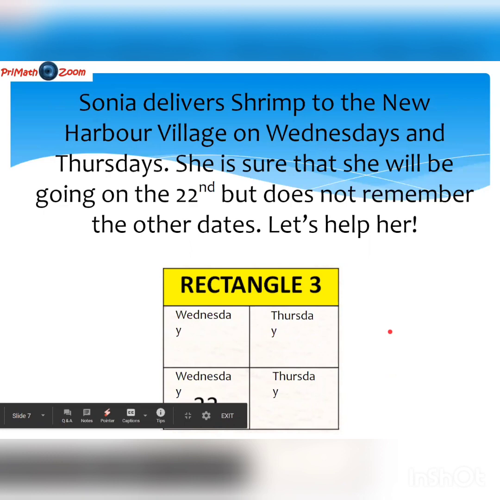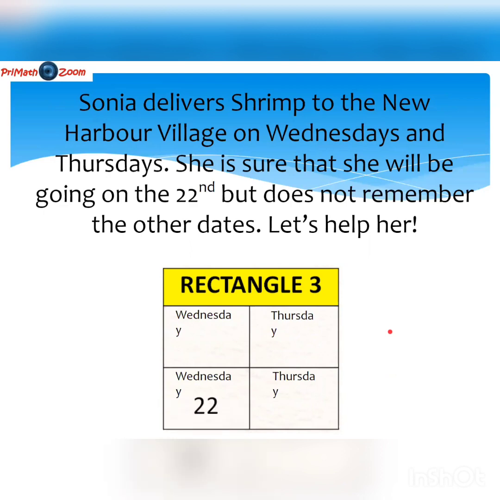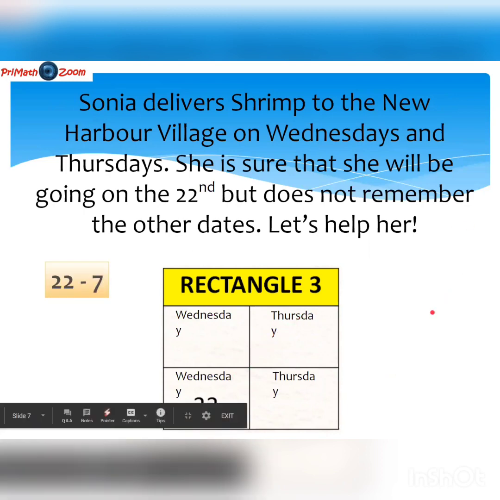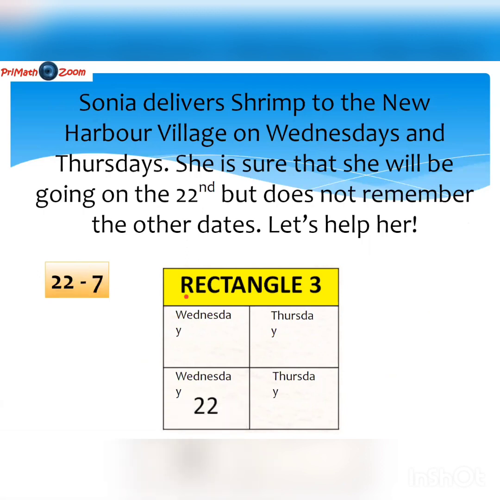And if we look clearly, we'll realize that Wednesday, the 22nd, falls on this Wednesday. So let's try to find out how we can find the date for the Wednesday before the 22nd. We can subtract a week from the 22nd, and that will give us 15. Good job.